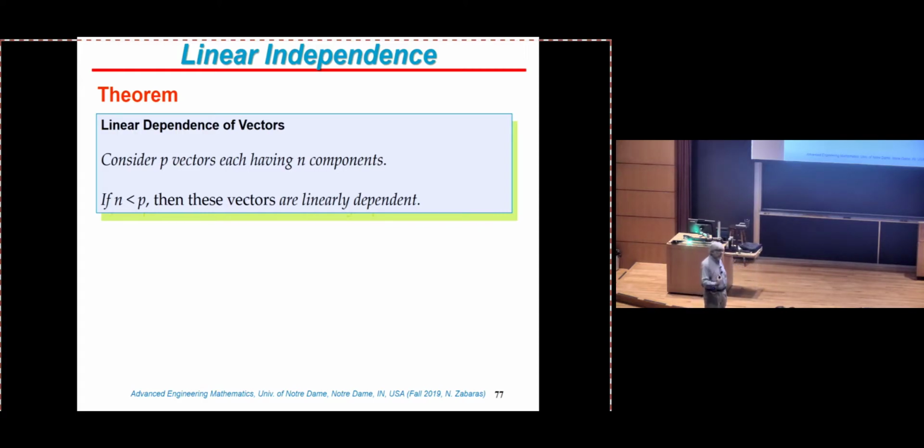And actually, you can try: form a matrix with 4 rows, each of dimension 3, and try to calculate the rank, and you will see that one of the rows has to be a linear combination of the other rows. There is no other way. All right, so in 3 dimensions, the number of independent vectors you can have is only 3. Okay, it's only 3.